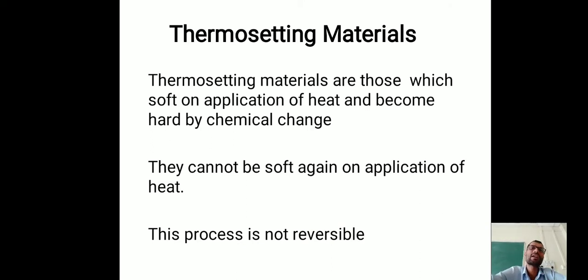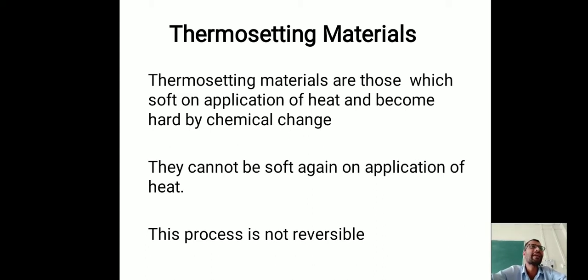So in the previous lecture we also discussed thermosetting materials. As you know, thermosetting materials are such materials that, if we supply heat, get soft, and once we cool, they get molded into their original dimensions.